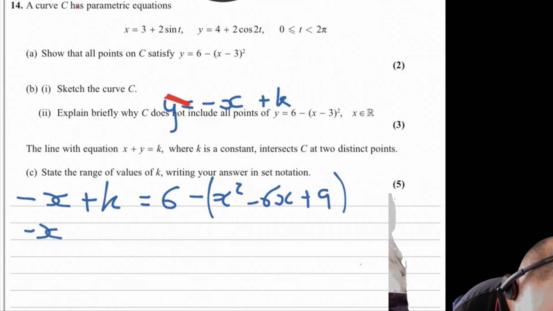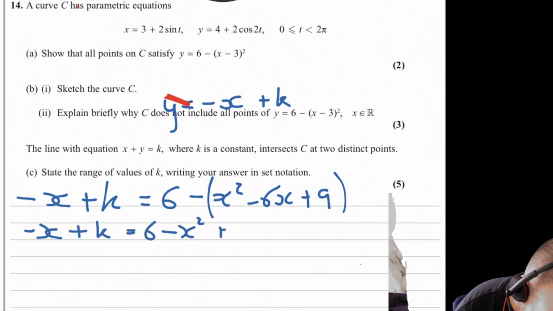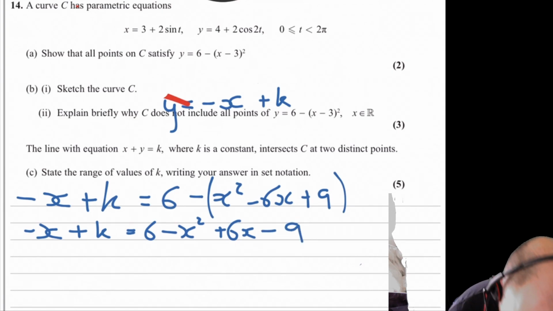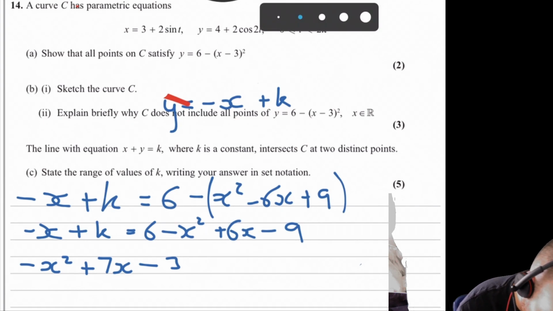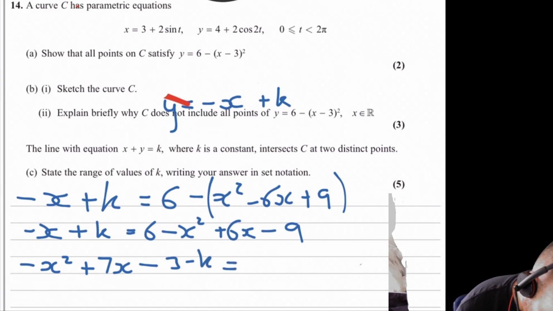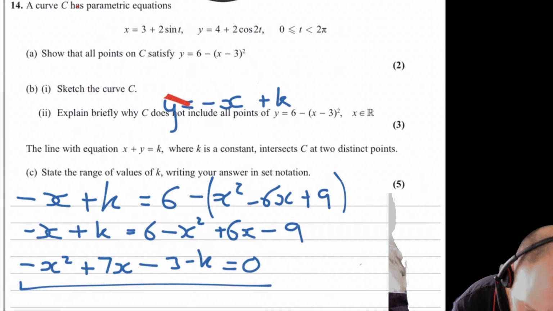So minus x plus k is 6, take x squared plus 6x minus 9. Get it all on one side. Minus x squared plus 7x minus 3, so minus k. So there's my quadratic. We're going to do the discriminant on that.